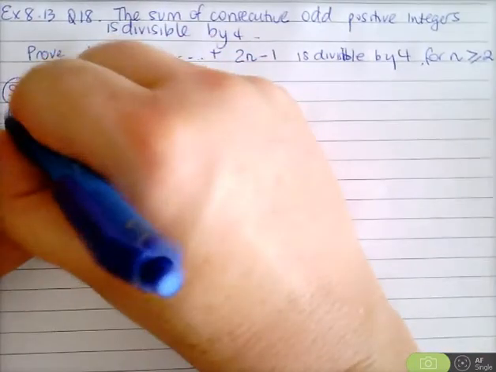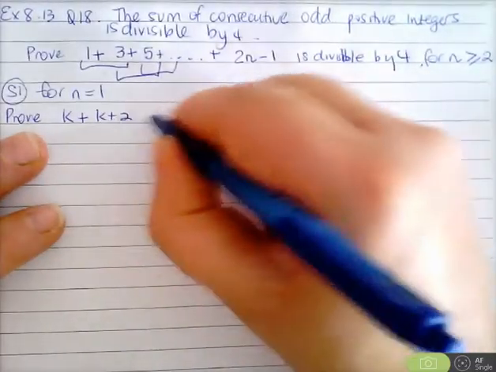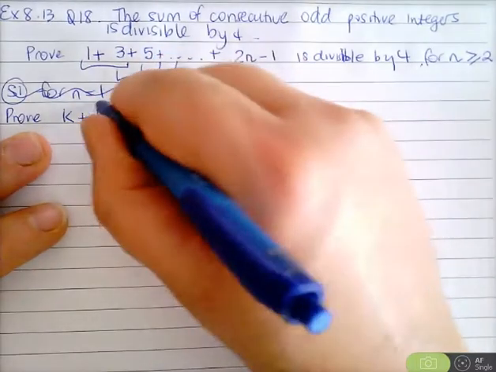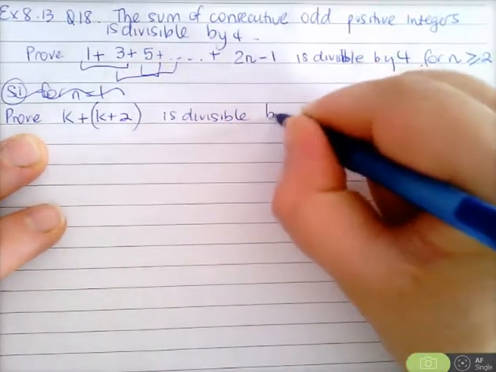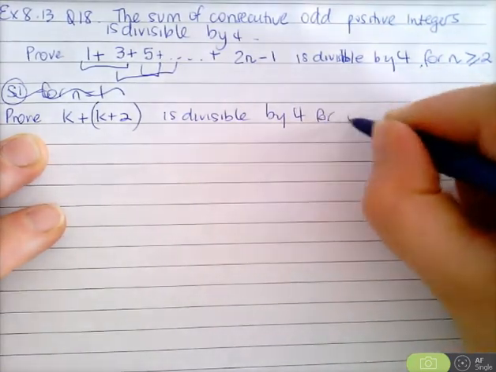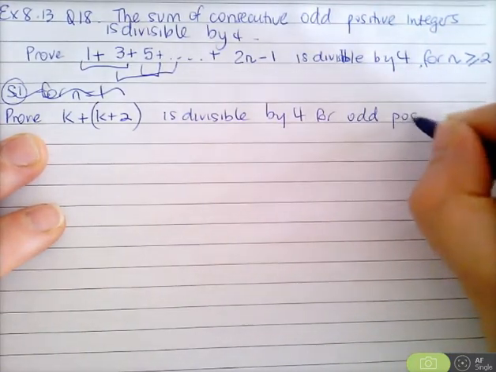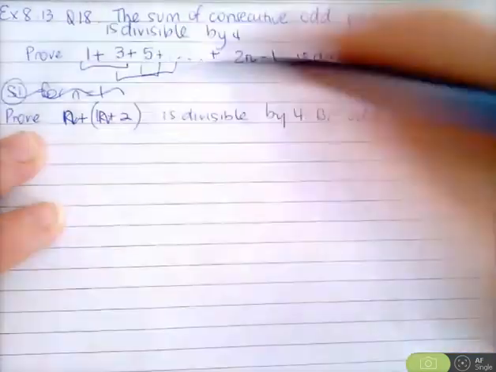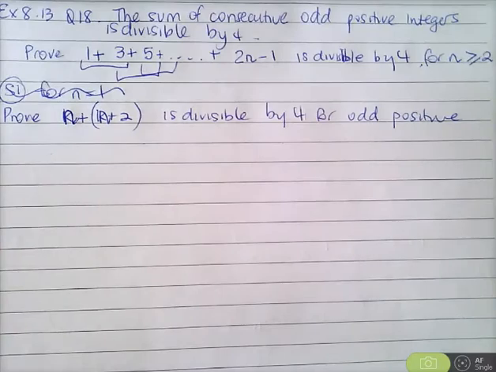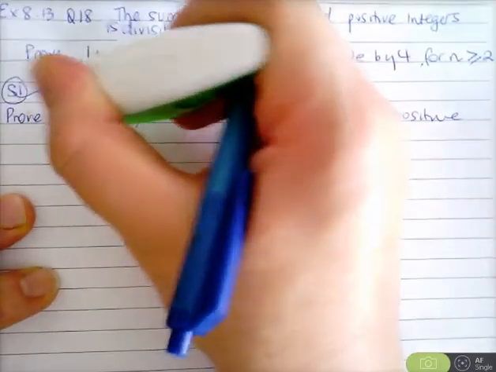What we're trying to prove is that n plus (n plus 2) is divisible by 4 for odd positive integers. That's what the equation should be.